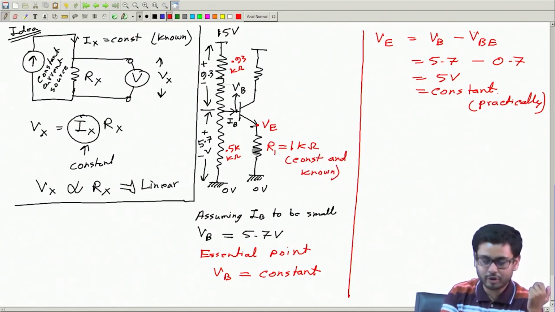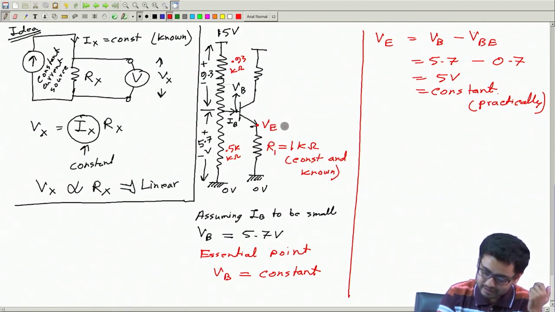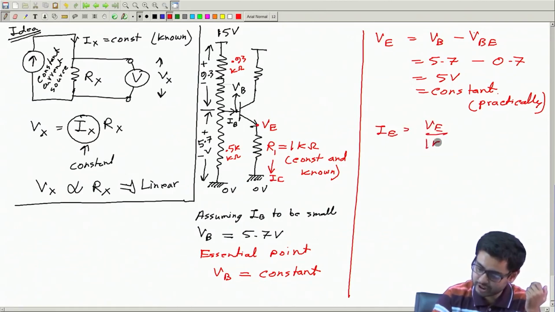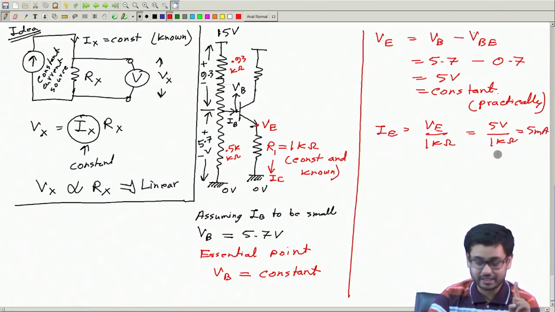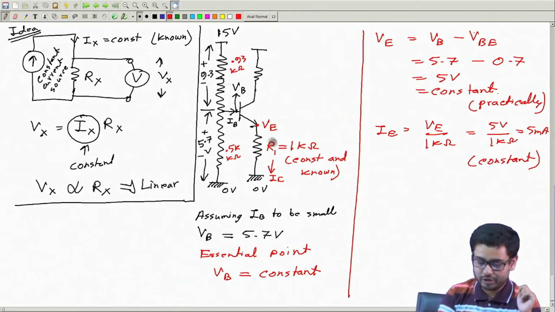Then what can I write about this current, IE? Then IE will be this voltage divided by 1 kilo ohm. Now this is 5 volt by 1 kilo ohm, which is 5 milliampere, practically constant. Okay, so R1 is constant, I am not going to change it.